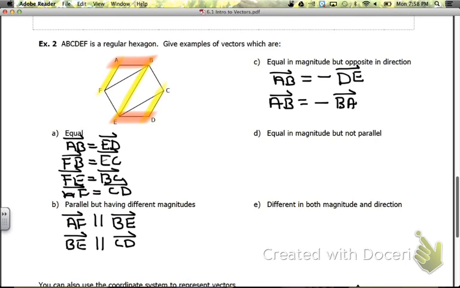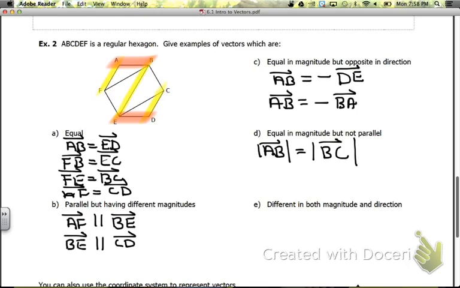So there we could look at AB and BC, for example. Lots of different examples that exist. So when we're talking about the magnitudes, okay, we put them in our absolute values. Okay, so AB is not parallel to BC. However, the magnitudes are the same.